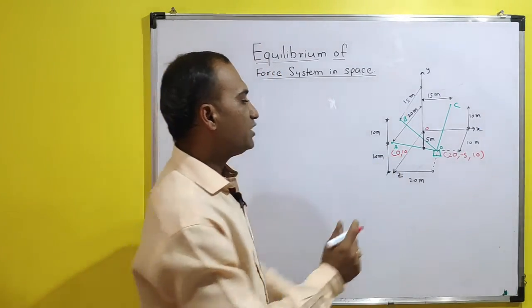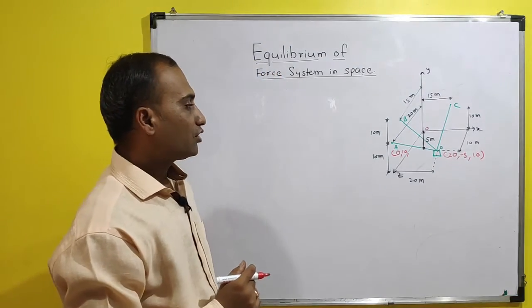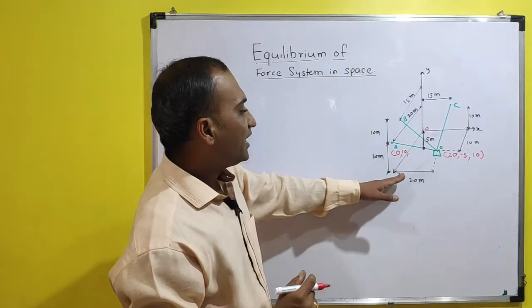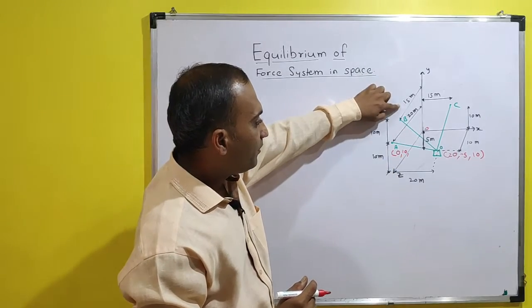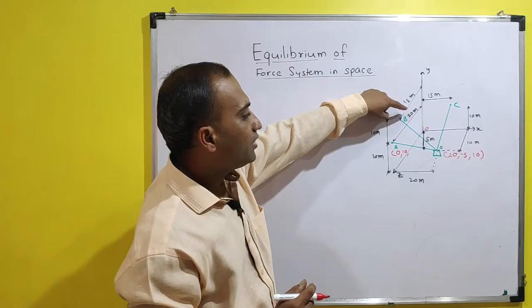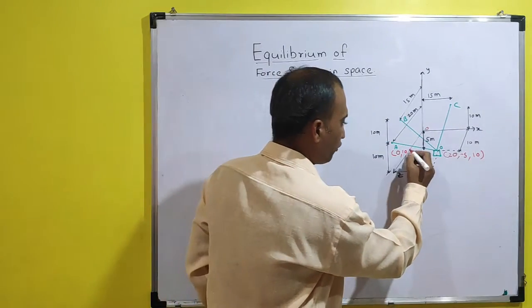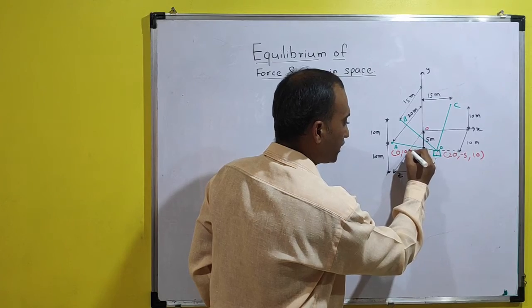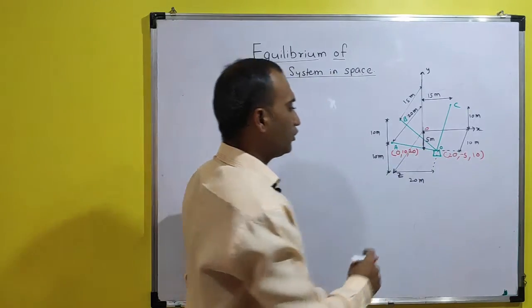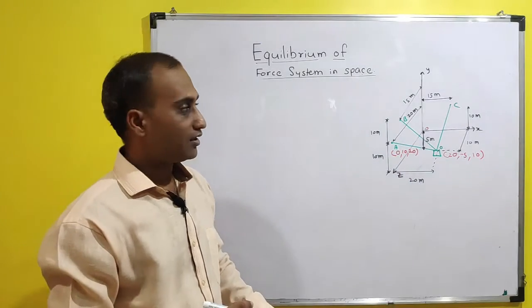So the coordinate will be 0 and 10. 10 is in the Y direction. So now along the Z direction, there is 15 meter and 20 meter, but only one is related to the point A, that is 20 meter and which is parallel to Z axis. So the Z coordinate will be 20. So the coordinates for the point A will be 0, 10 and 20.